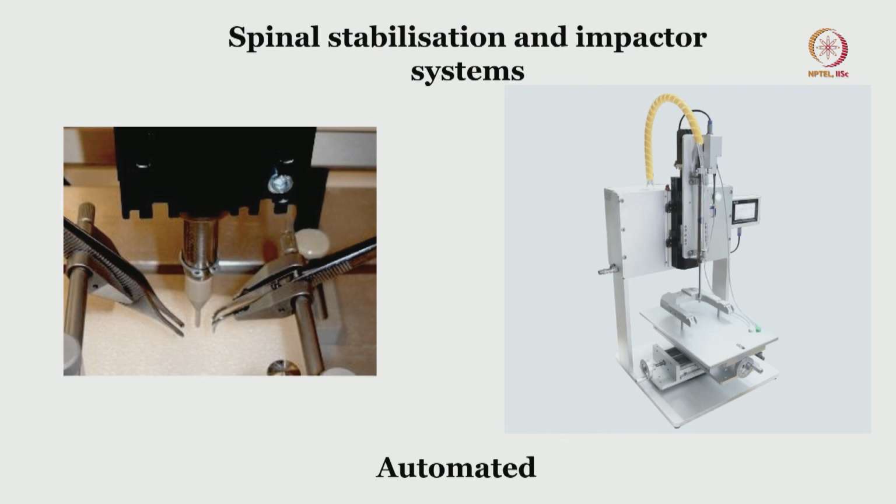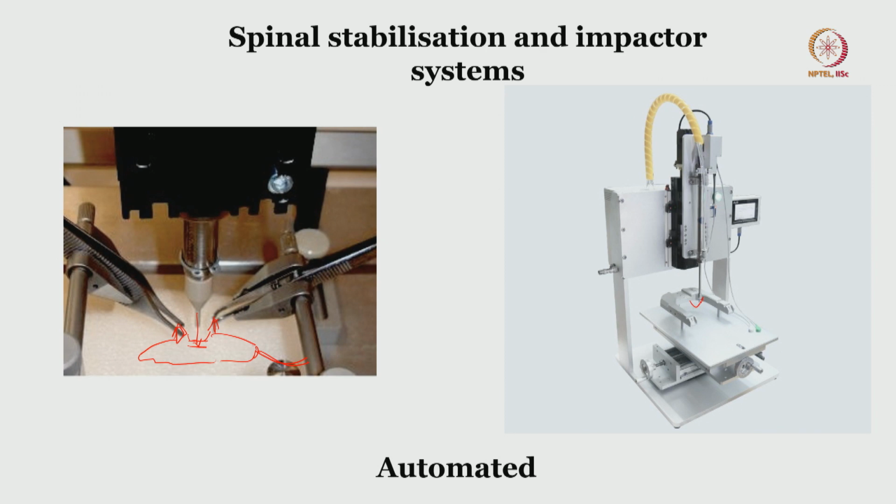There is a similar stabilization system where the spinous process will be held by this, and the laminectomy has been performed, the spinal cord has been exposed. Let us say that is a rat, and that is how this is going to come and hit the cord and create the spinal cord injury model. So these are the automated impactors.